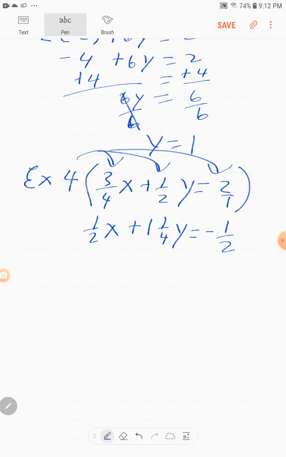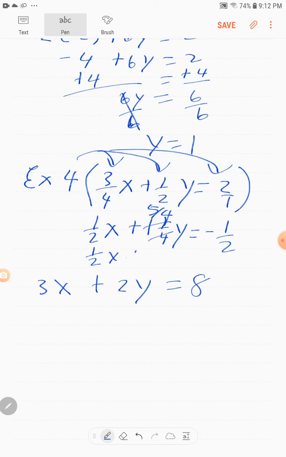So the 4 and 4 will cancel out, giving us 3x. 2 will divide into 4 to give us 2y. And then 4 times 2 is 8. Now in the second equation, 1 and 1/4 could be represented as 5 over 4. So let me rewrite this.